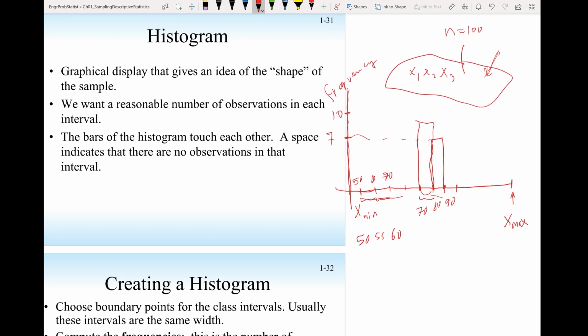So 10 divided by 100 is 0.1. So instead of writing 10, I write 0.1. Then the vertical axis represents relative frequency. And this 7 divided by 100 will be 0.07. In this case, this axis is now relative frequency. And this is the histogram.